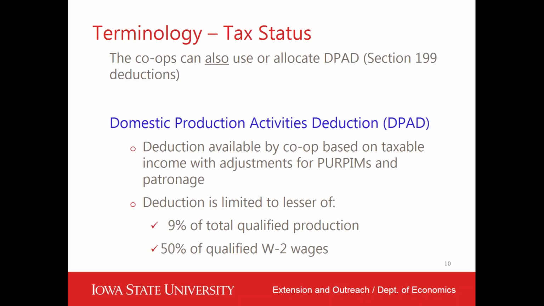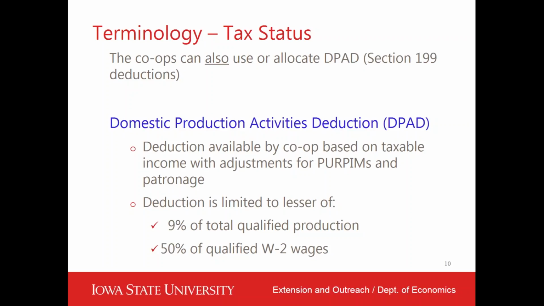And those PERPIMs show up on the patronage, the Form 1099-PATR that members get from the cooperative. This deduction is huge. It's limited to the lesser of 9% of total qualified production, there's a calculation there, or 50% of the co-op's qualified W-2 wages.